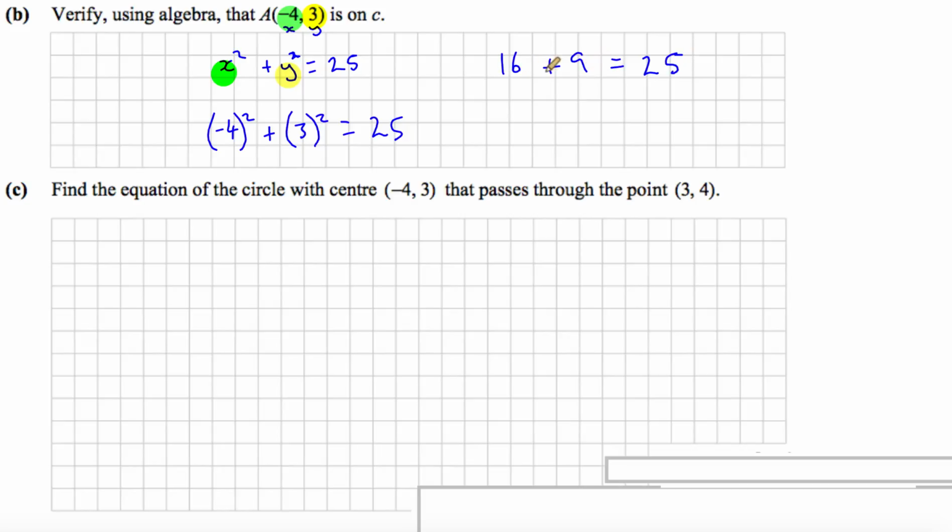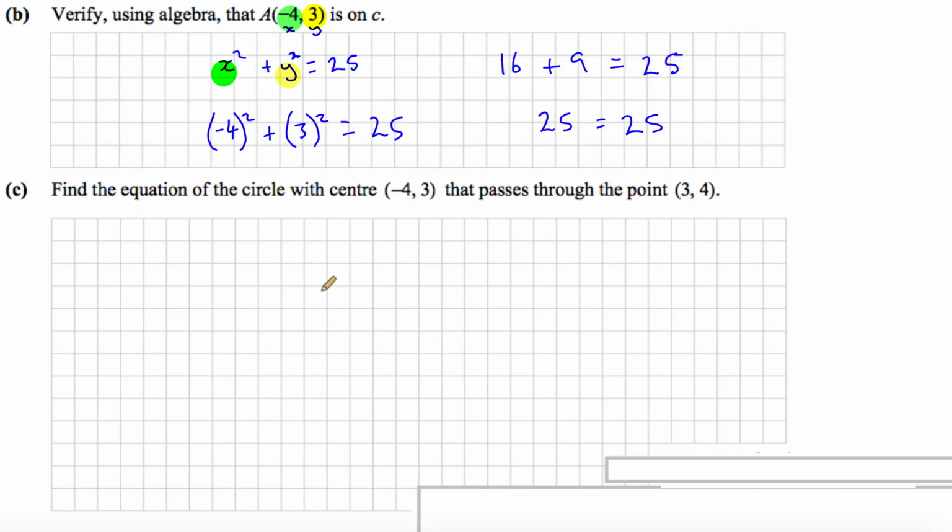Well, 16 plus 9 on the left side, that is 25. So we finish with 25 is equal to 25, which proves that the point is on the circle.